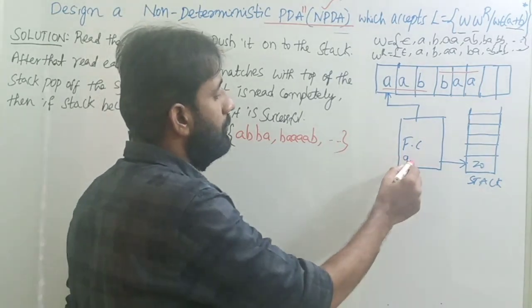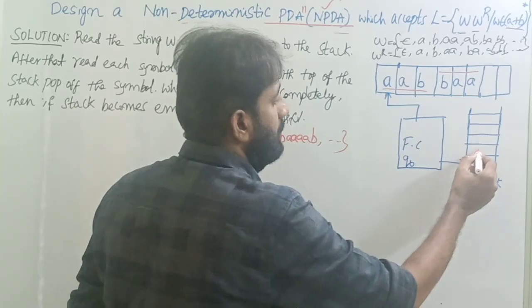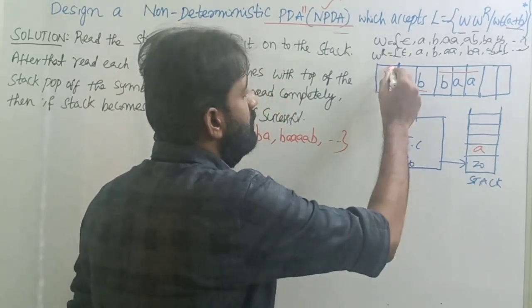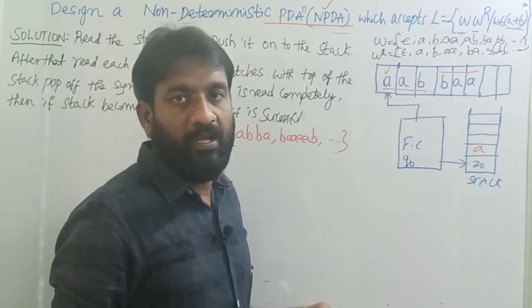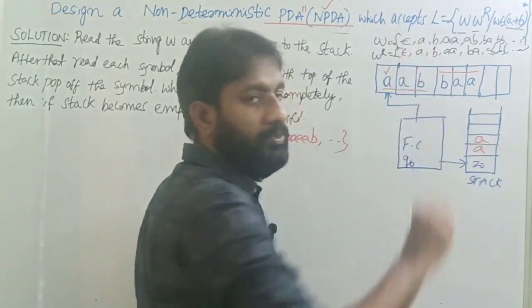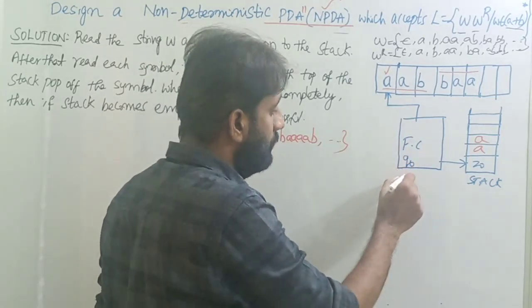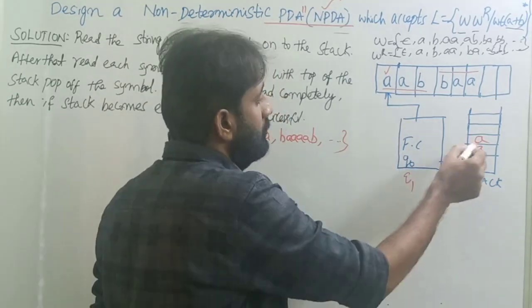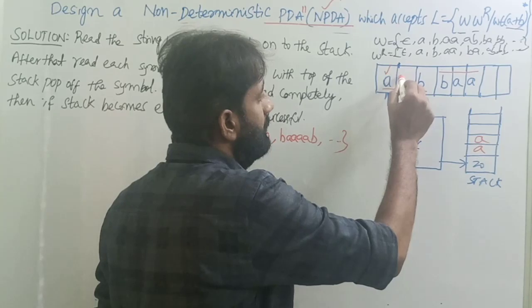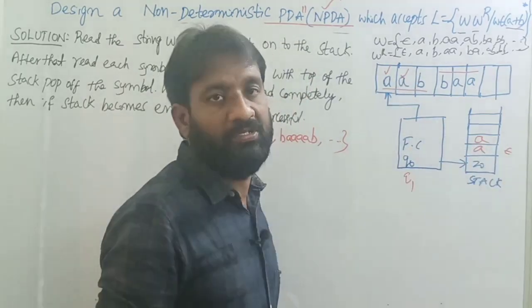So Q0, input symbol is A, read A, add onto the stack. Then next input symbol is A, read A and add onto the stack is one possibility. Another possibility is to change from Q0 to Q1 state: top of the stack is A and next input symbol A, do the pop operation. These are the two possibilities we are writing.